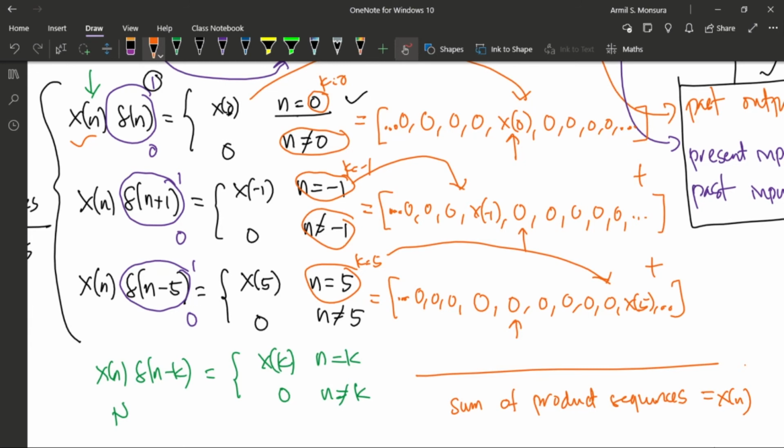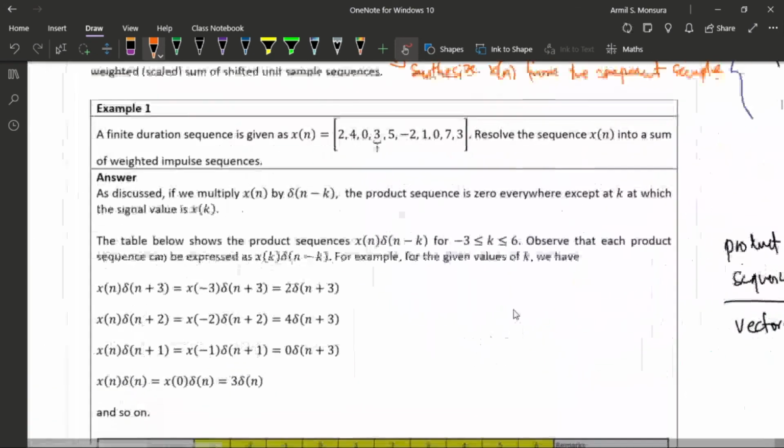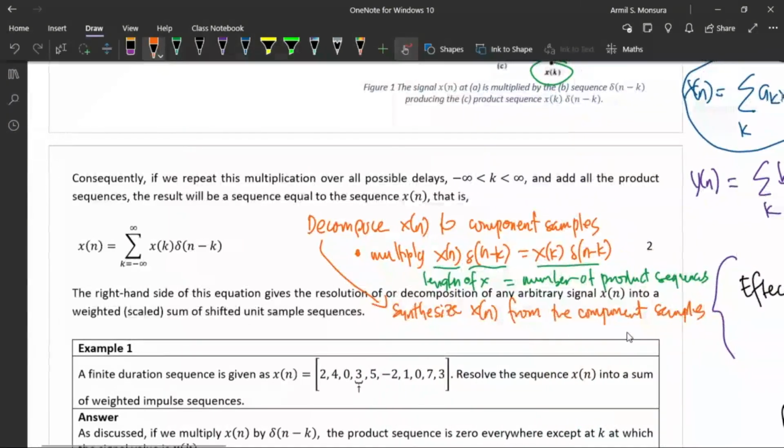Babalik kayo dapat sa x of n. So to answer the question, we simply add the product sequences. Yun lang.